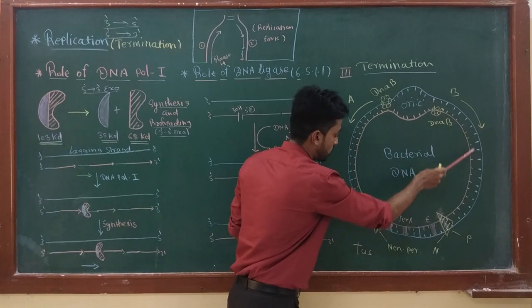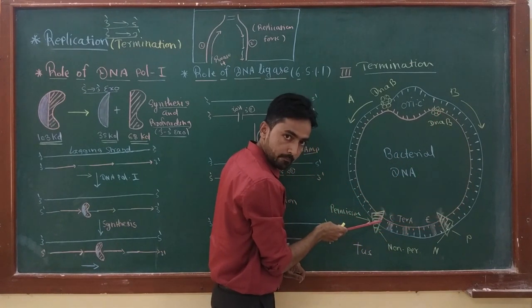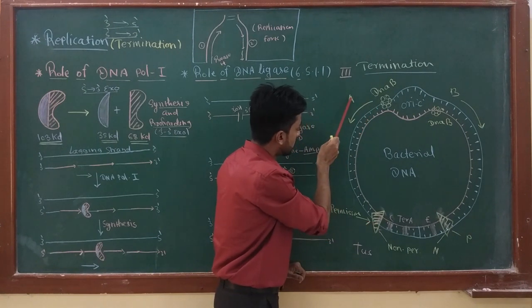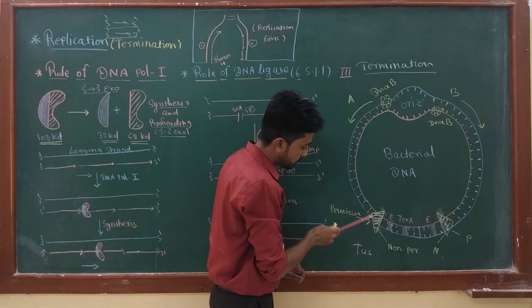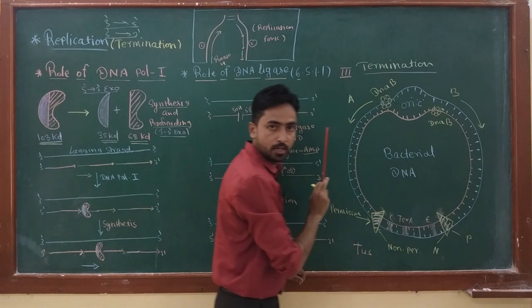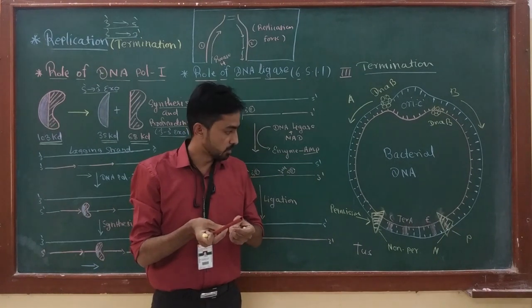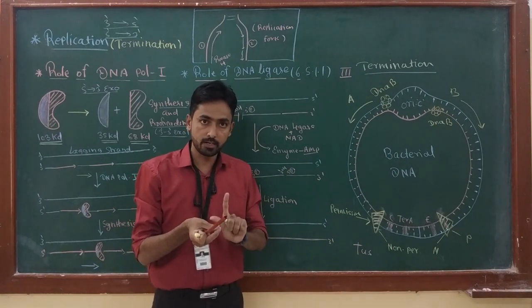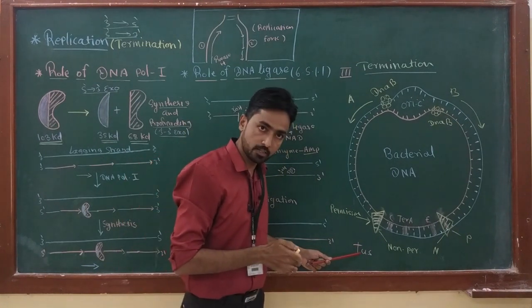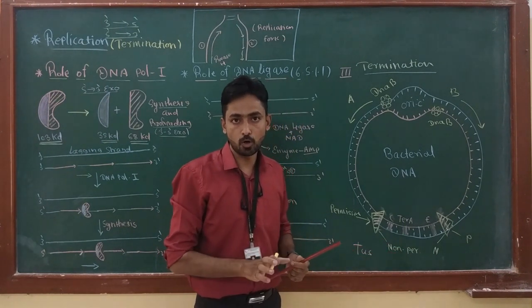This fork is going to stop at this site, while fork A is going to pass this TUS protein and stop at this site. In this way, the movement of the fork can be inhibited by the TUS protein at the terminator site and the process of replication is stopped.